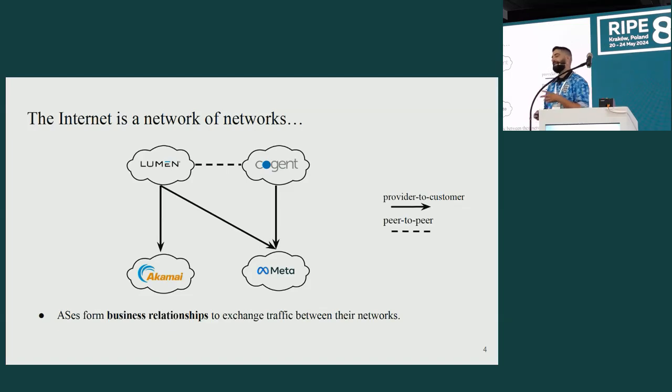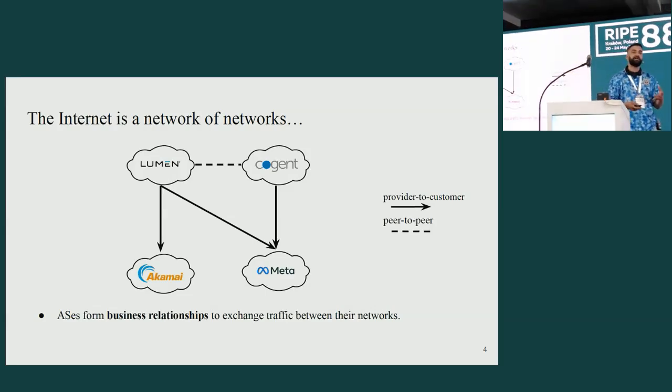Even though these business relationships can be very complex, they're coarsely categorized into 2 types: the provider-to-customer relationship and the peer-to-peer relationship. In a provider-to-customer relationship, a customer AS pays a better connected provider to transit their traffic to the rest of the internet, while in a peer-to-peer relationship, 2 autonomous systems exchange traffic for free.